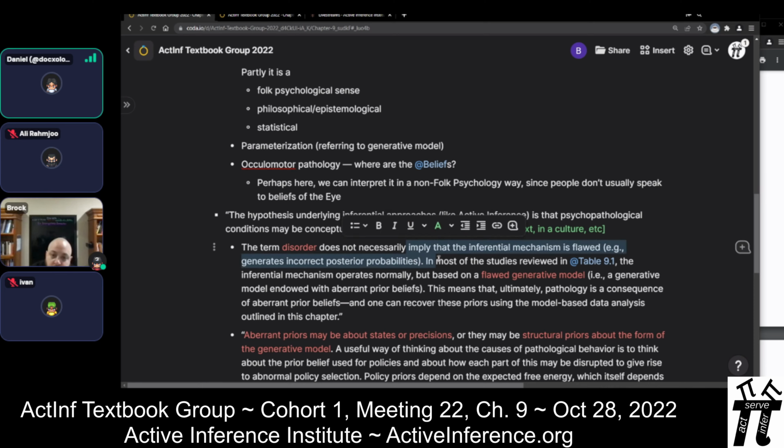I read this as not necessarily implying the inferential mechanism is flawed. The CPU has the right number of cycles. The machinery is not flawed. The car is operating at normal burning temperature.